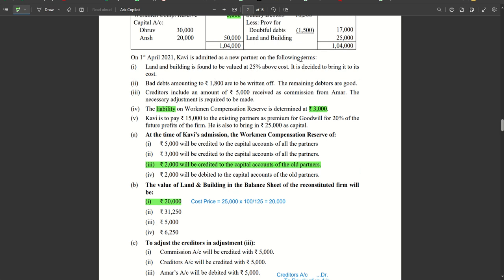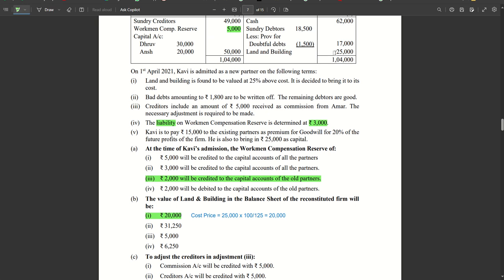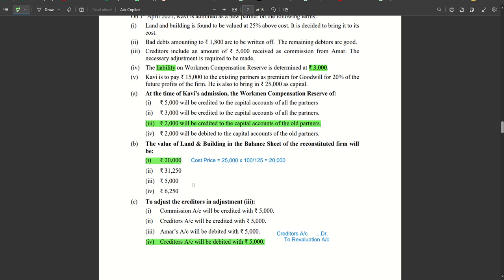You cannot do straight away 25% of 25,000 and that gives you the answer, because you have to do 25% on the cost price. So the direct method is 25,000 into 100 by 125. That gives us 20,000 as the cost price of the building. You can use the X method as well, whatever suits you.